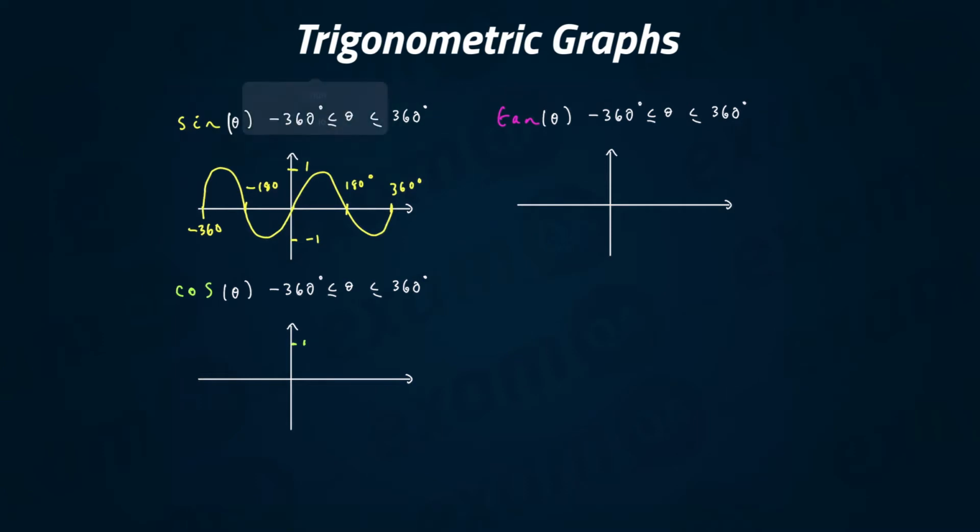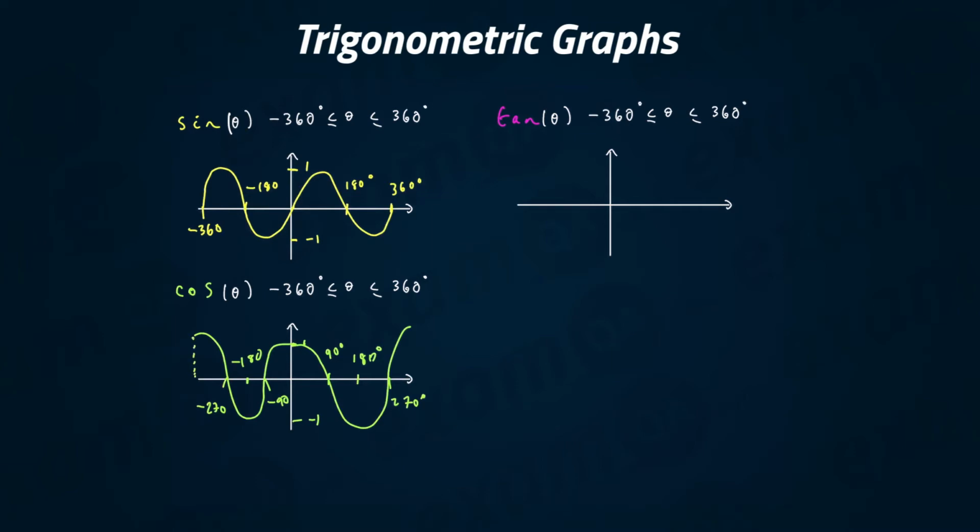And this is going to be 90 degrees, because half of 180 is 90, and then that is going to be 270 degrees, because 180 plus 90 is 270, and you just carry on the cycle. So that's going to be negative 90, that's going to be negative 270, that's going to be negative 180, and that's going to be negative 1. So that's cos theta.